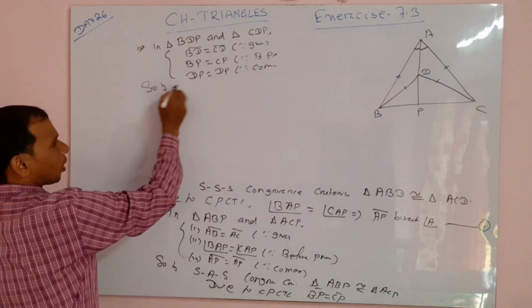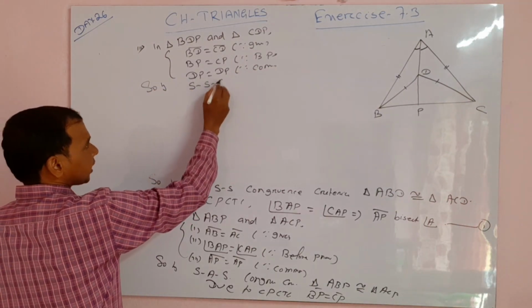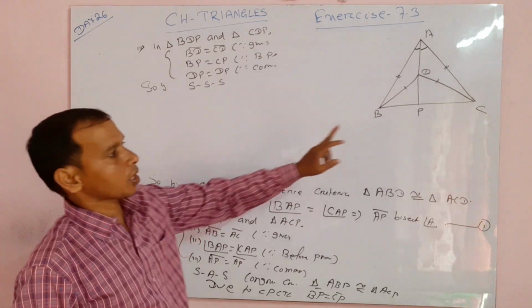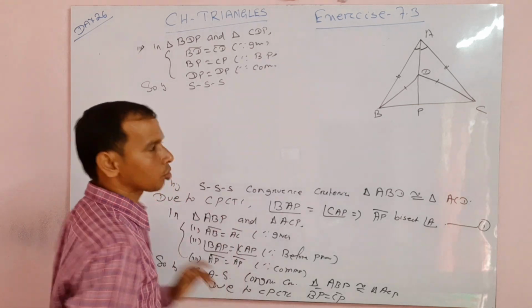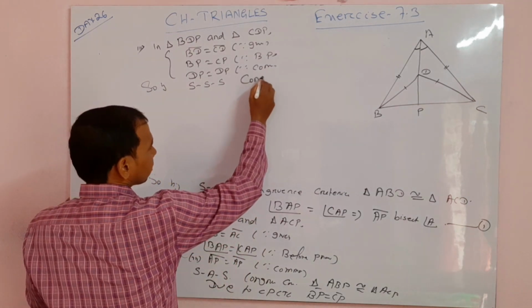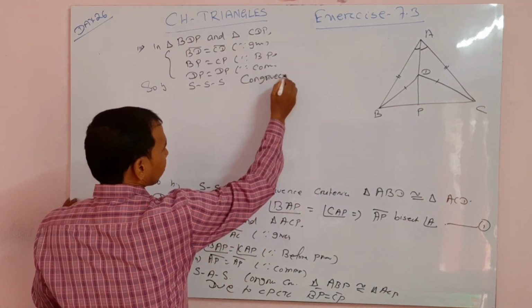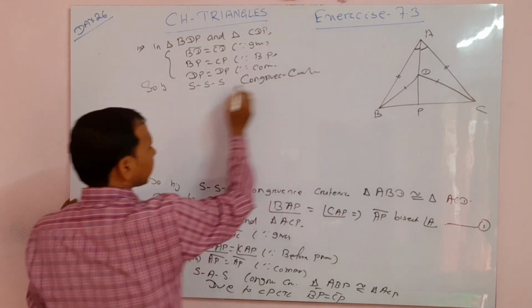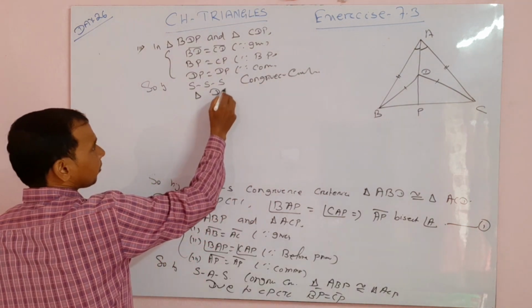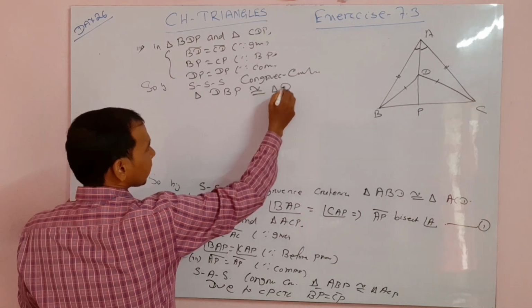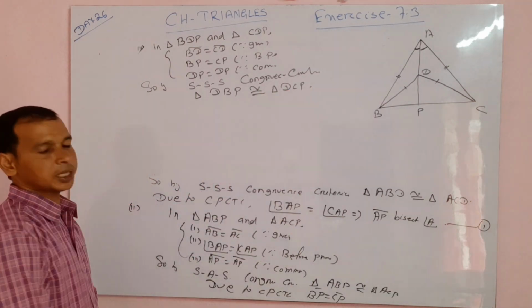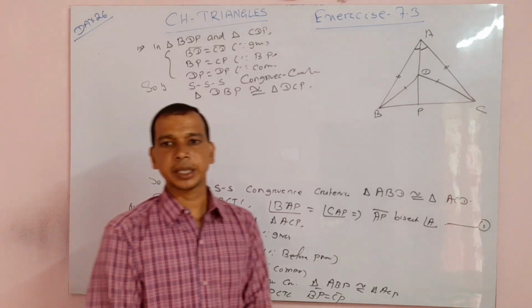So by side, side, side congruence criteria, triangle DBP is congruent with triangle DCP.